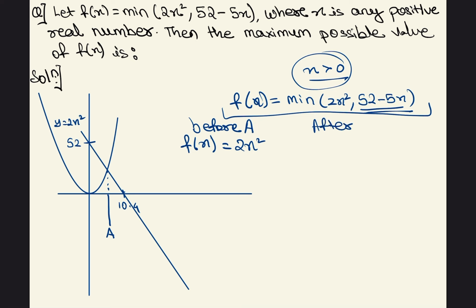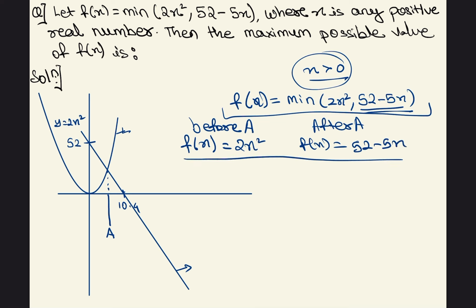After A, f of x will be exactly opposite, because 2x square is greater now, so this is lesser and hence we get 52 minus 5x. But the minimum value goes on decreasing for 52 minus 5x perpetually.